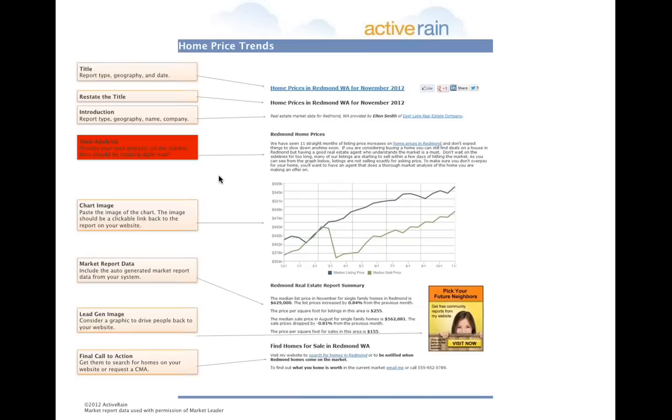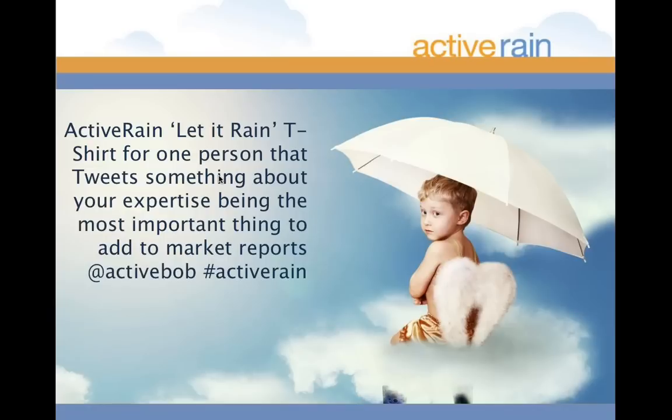You're telling them, hey, the stuff you're about to see right here, this is what it means. But it gives them that idea that there's some analysis going on here. There's a chart. People like to see these visual representations of what you're telling them, even if they don't necessarily understand what that visual representation means. Again, that's why we give them the analysis. Down below that, we're going to have some market report data.